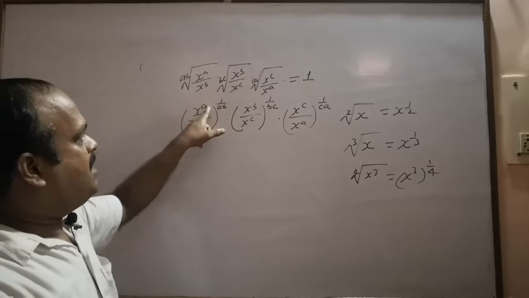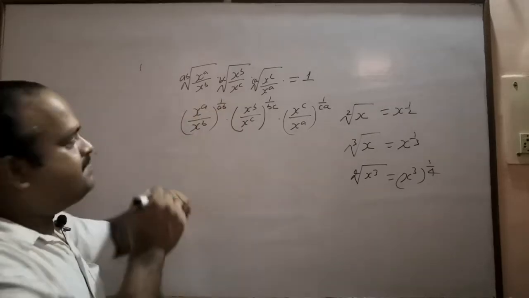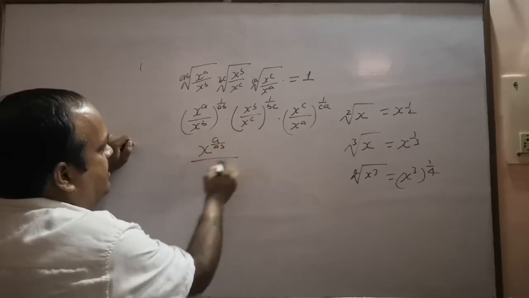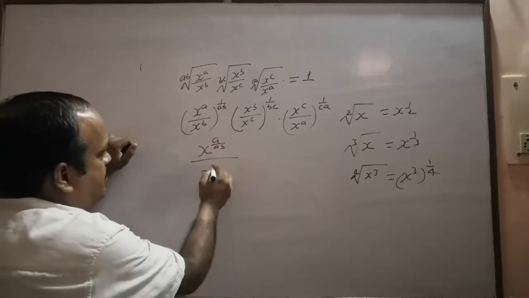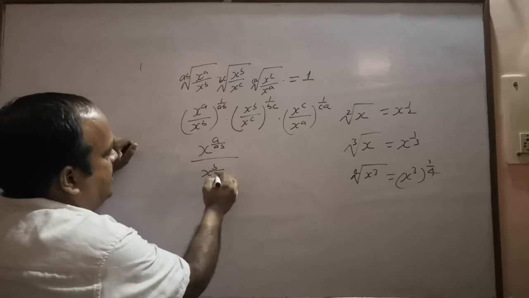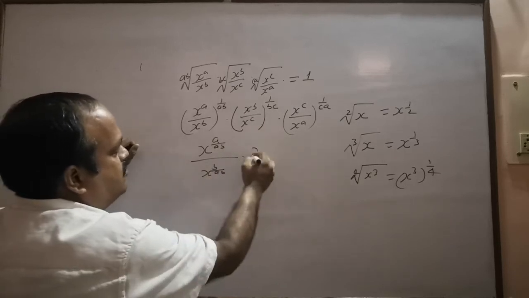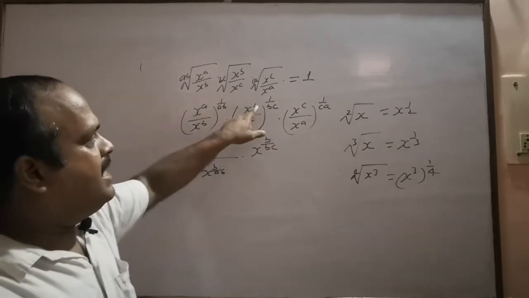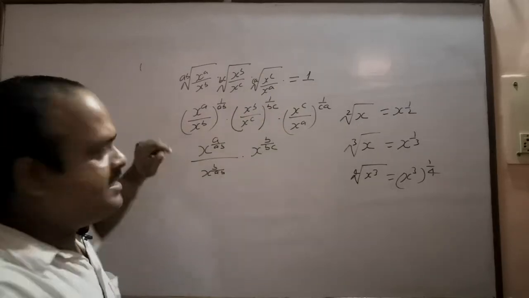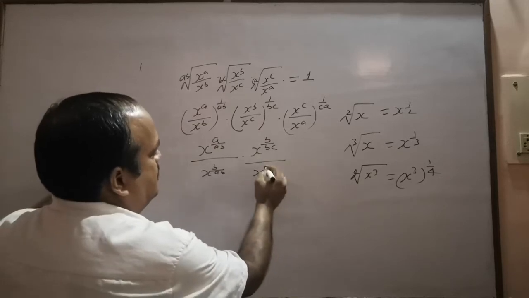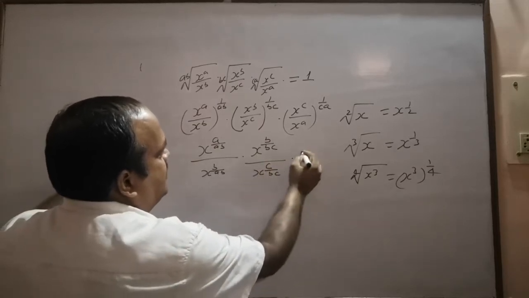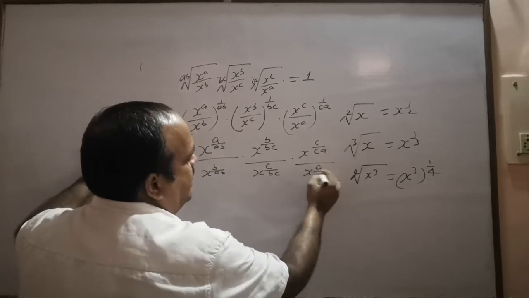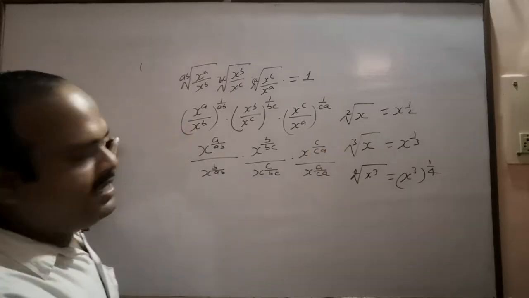Power law says that power should be multiplied. So we get a by ab x to the power, b by ab, come to second one, b by bc. When you multiply b by 1 by bc, you will get b by bc, x to the power c by bc, c by ca, a by ca, cancel out.